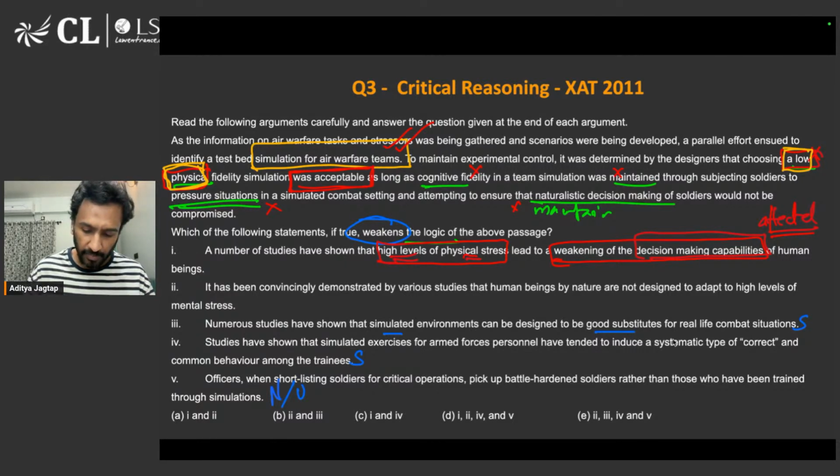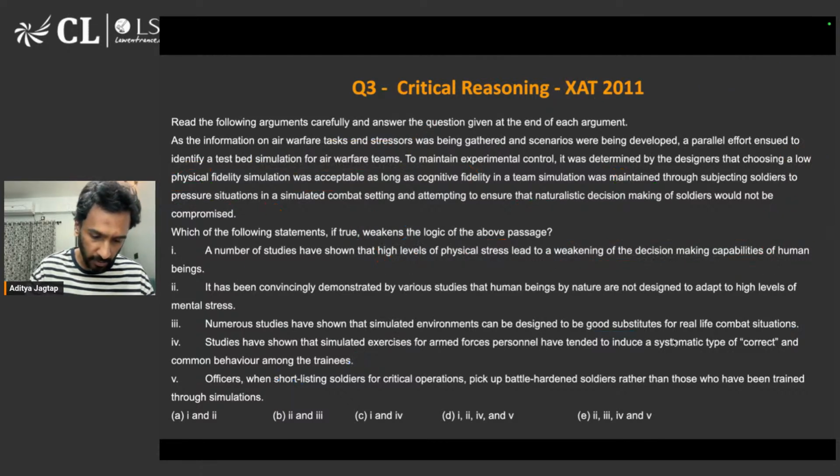It's like saying for studying for the XAT exam, I solved reading comprehensions from 10th standard. It's not going to work, right? For a high stress situation, you need high stress training. So statement 1 is actually weakening the author's argument. Unrelated or neutral, strengthening, strengthening.